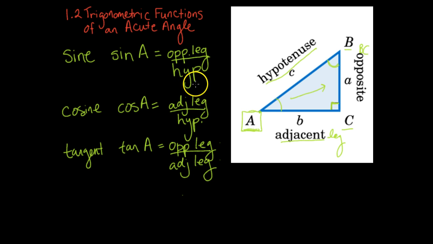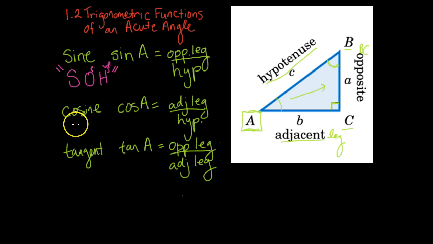Okay, so there is a fun way to remember this. It's SOHCAHTOA, which you probably have heard of. So for sine, SOH: sine is opposite over hypotenuse, so that's the opposite leg over the hypotenuse.